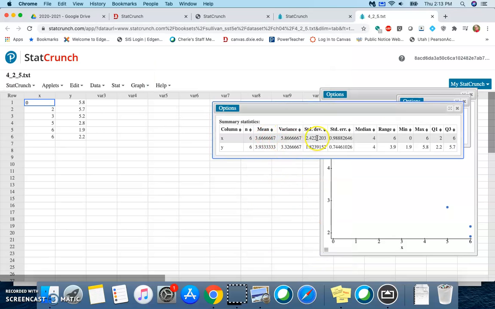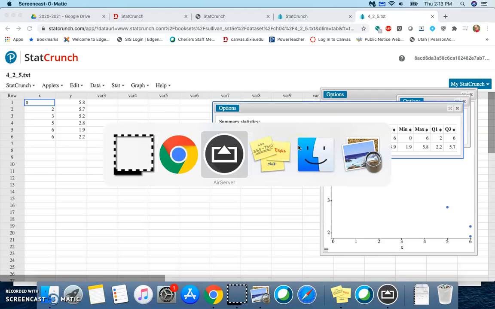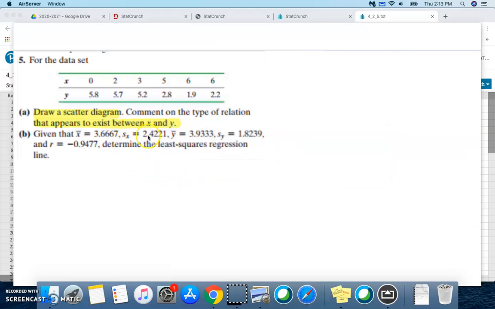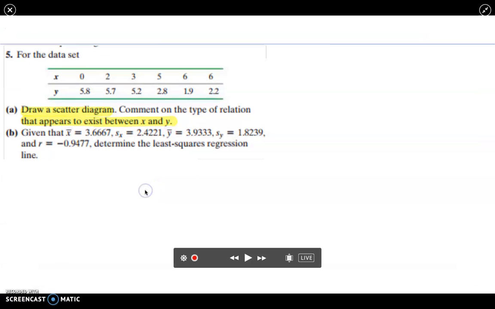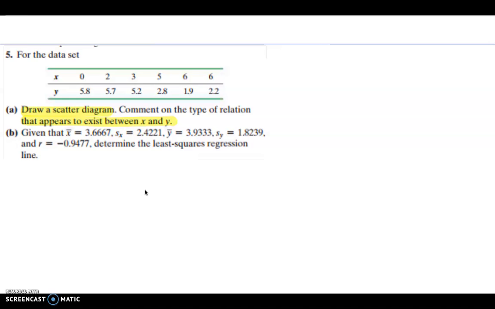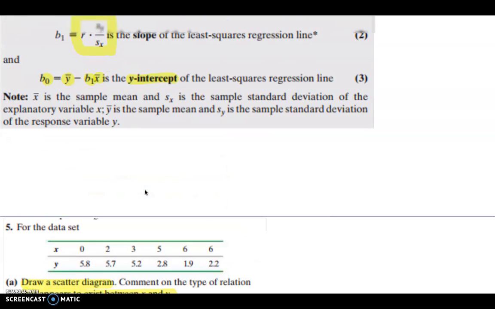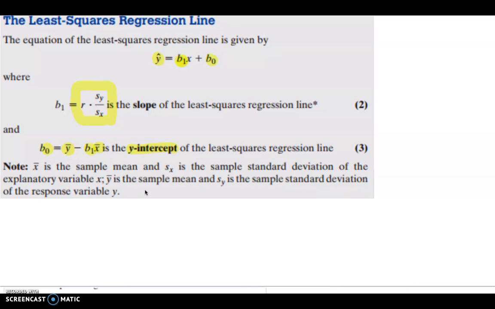So here are our means and our standard deviations to do our calculations. They do give those to us. And now that we are given this information, we want to determine the least squares regression line.